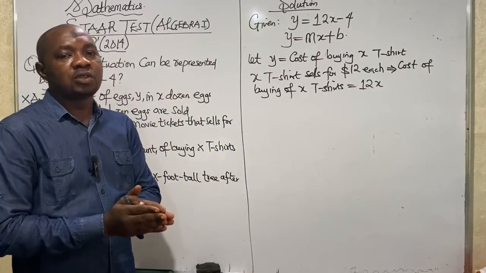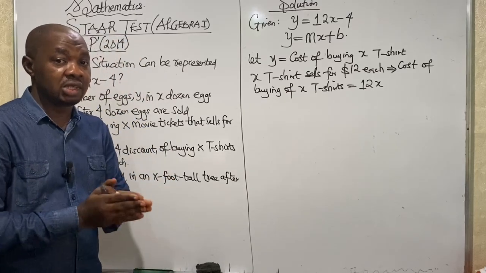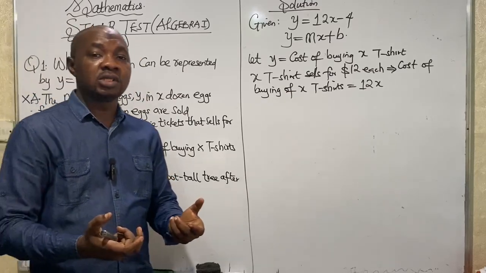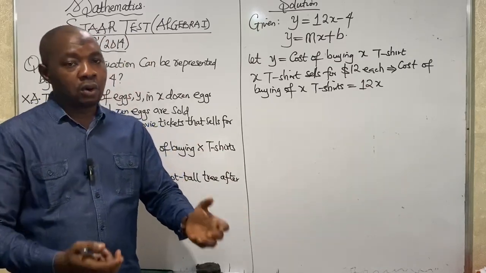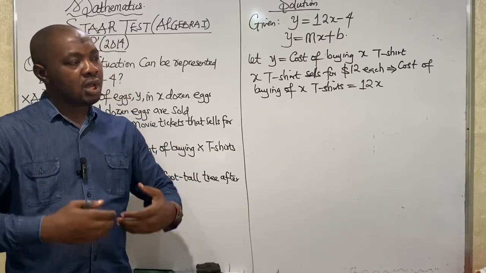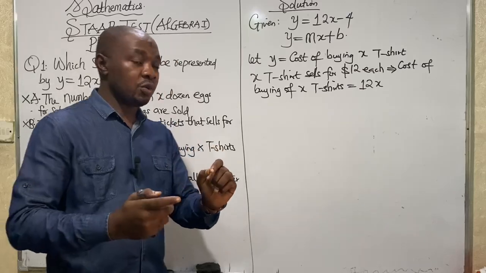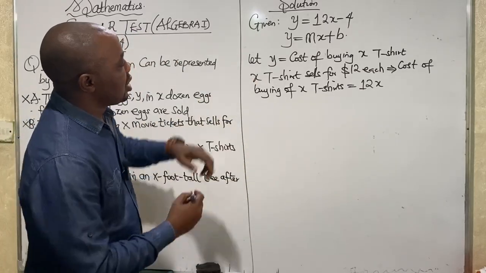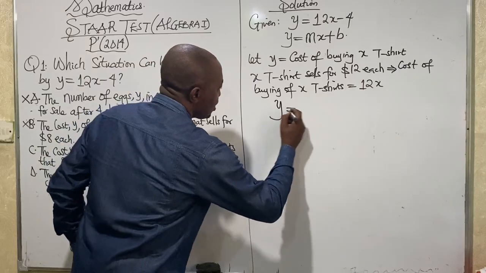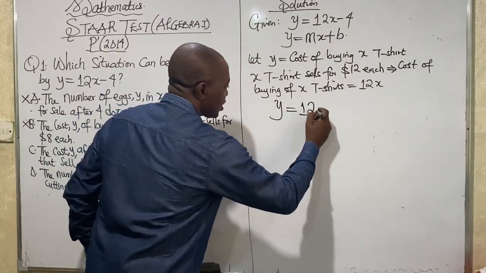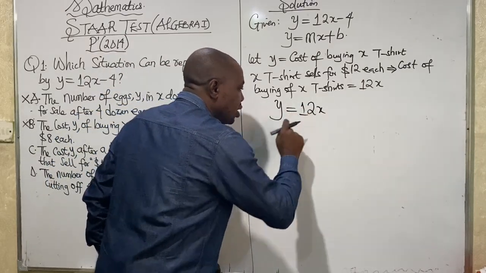But now a discount of $4 is given. And I said a discount is a reduction in the price of a product, service or goods offered by a seller to a buyer. So we have the total cost to be y, and y equals 12x, which is the original price.